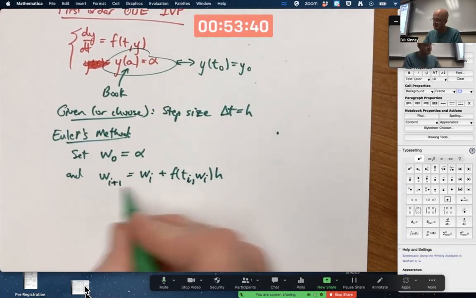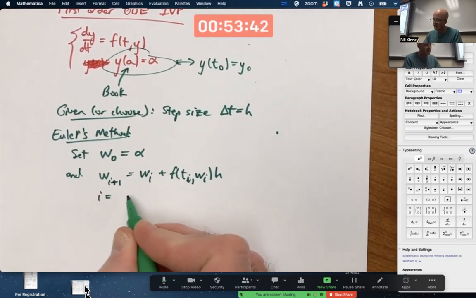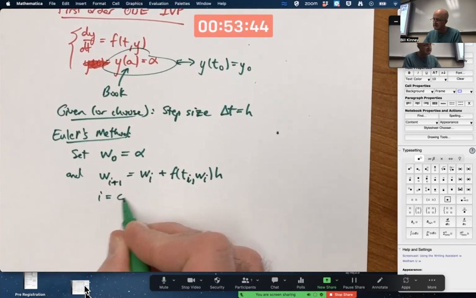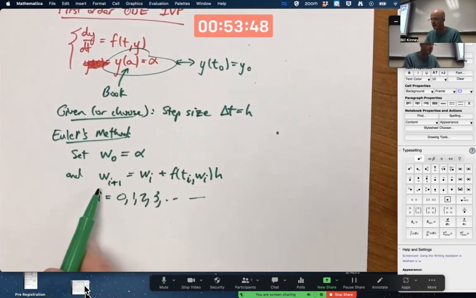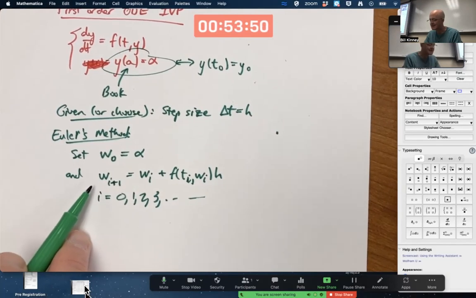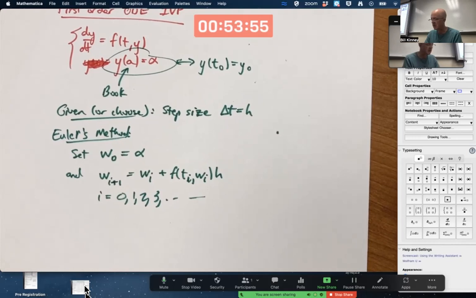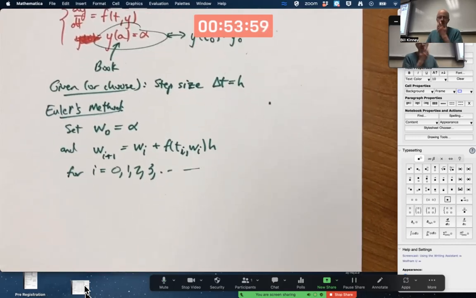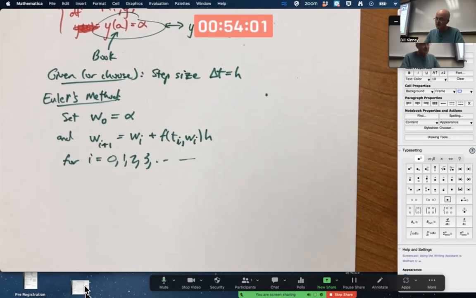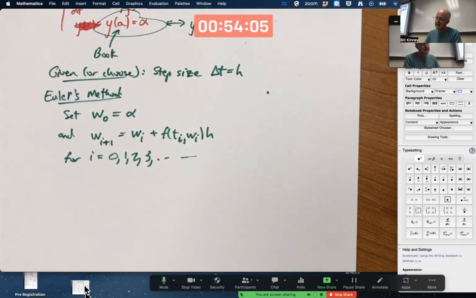That's Euler's method. You use this recursive equation for i equal to 0, 1, 2, 3, etc. Yes, that does include 0, by the way, on the subscripts here, because when i is 0, we'd be finding w sub 1 using w sub 0.